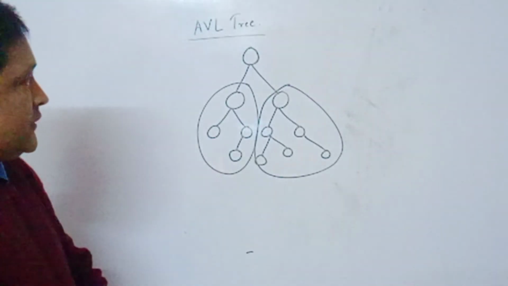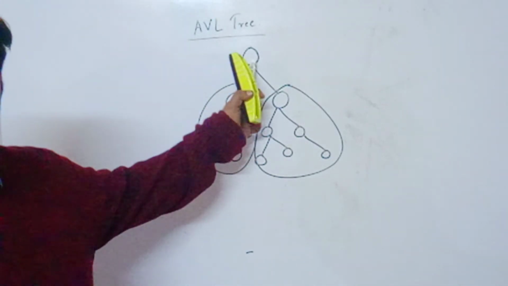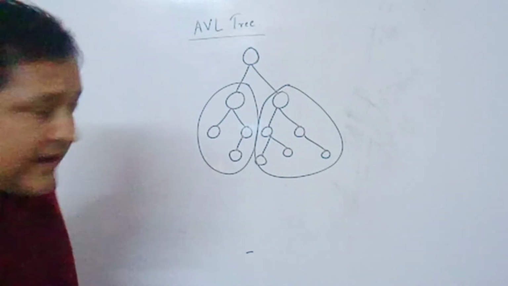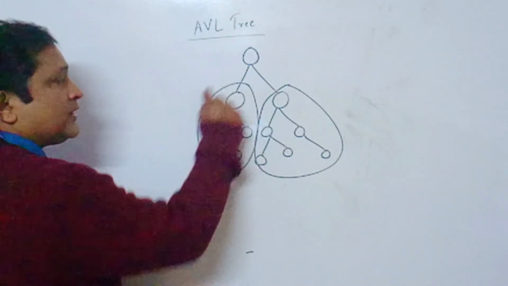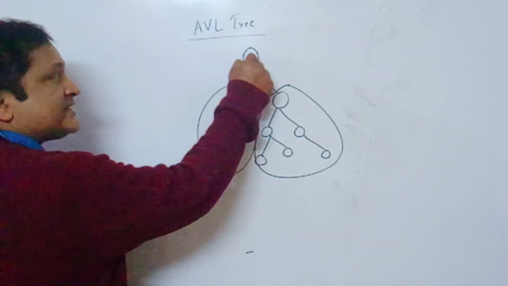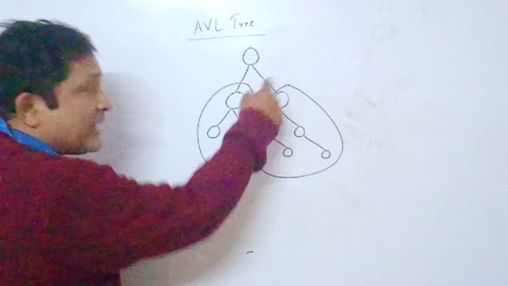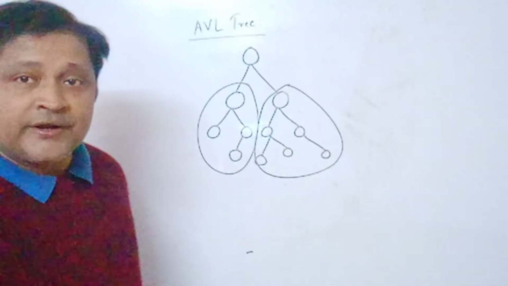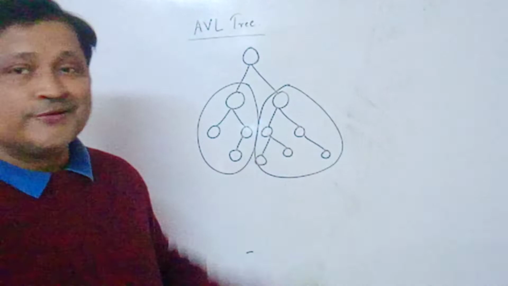Let's consider this root node. The value stored in all the nodes in the left subtree should be less than the value stored in this node, and the value stored in all the nodes of the right subtree should be greater than the value stored in this node.